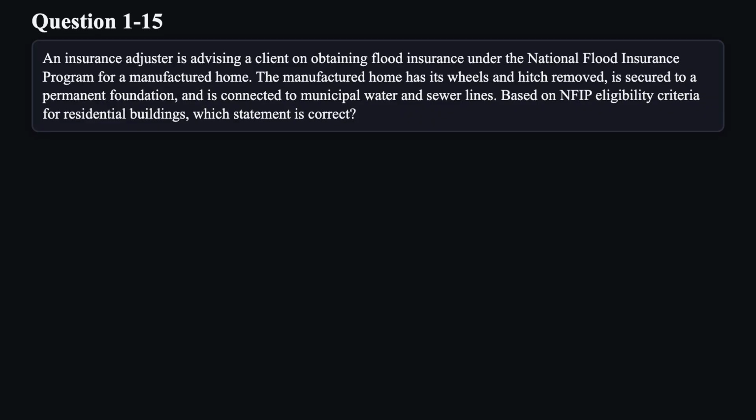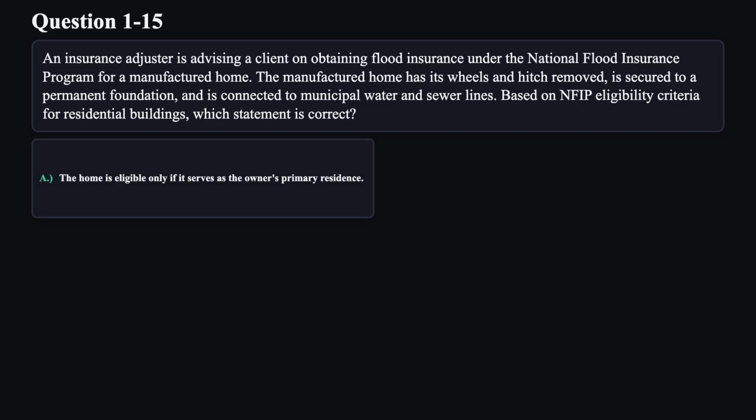Question 15. An insurance adjuster is advising a client on obtaining flood insurance under the National Flood Insurance Program for a manufactured home. The manufactured home has its wheels and hitch removed, is secured to a permanent foundation, and is connected to municipal water and sewer lines. Based on NFIP eligibility criteria for residential buildings, which statement is correct?